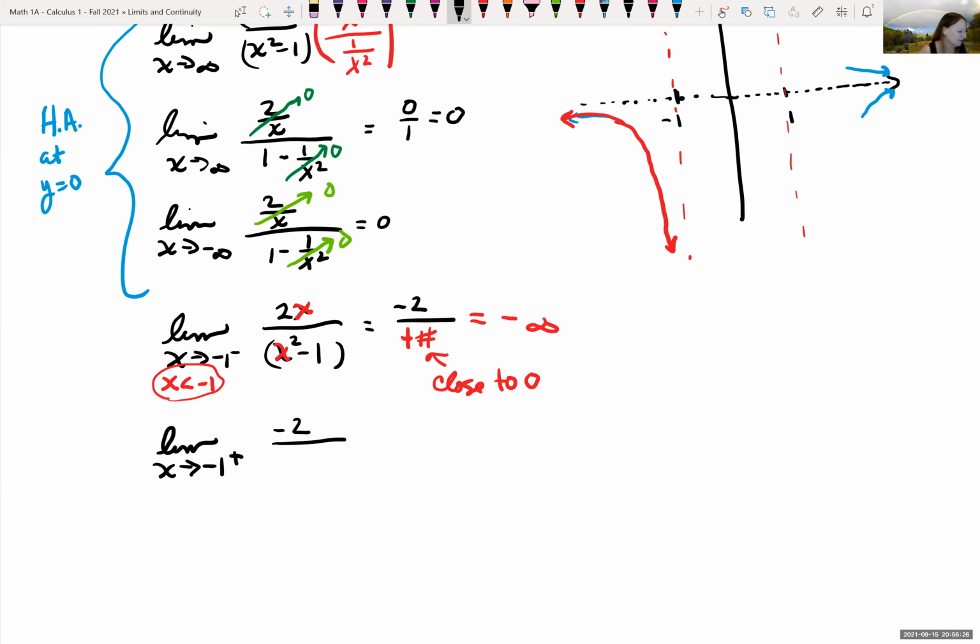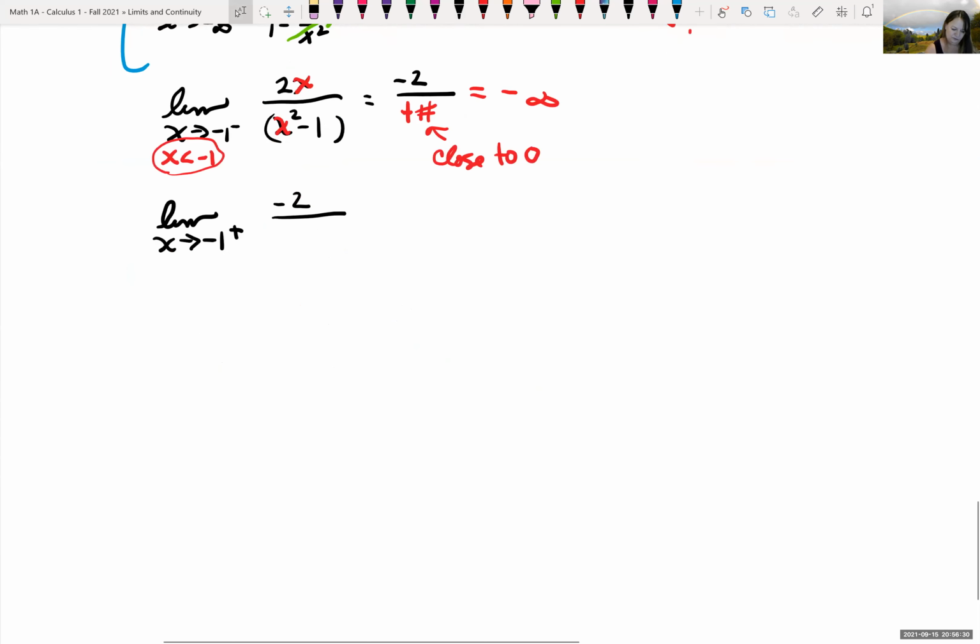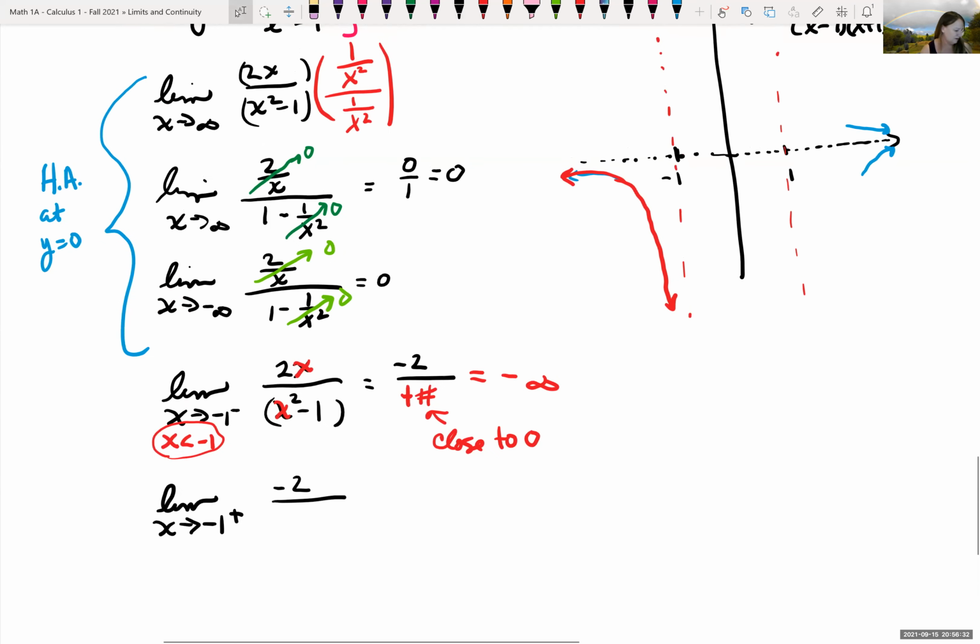And so if I take a number like that and I square it, it actually becomes a number, I believe, less than 1. And so a number less than 1 minus 1, I know is a negative number.